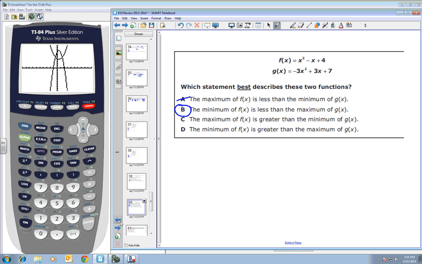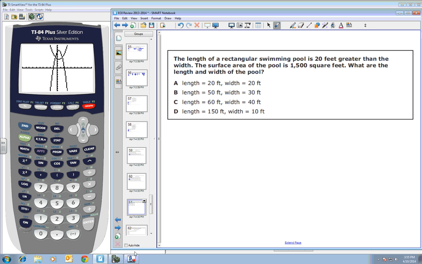Okay, one more. The length of a rectangular swimming pool is 20 feet greater than the width. The surface area of the pool is 1,500 square feet. What are the length and width of the pool? So we should know the area of a rectangular swimming pool is length times width.